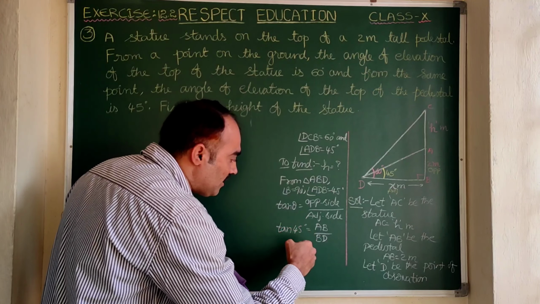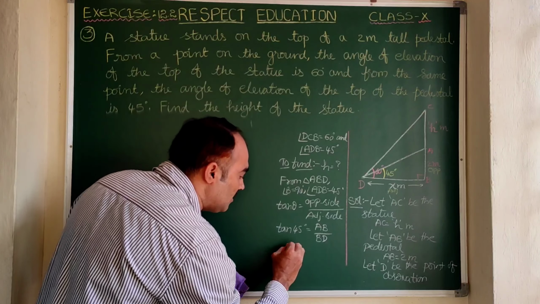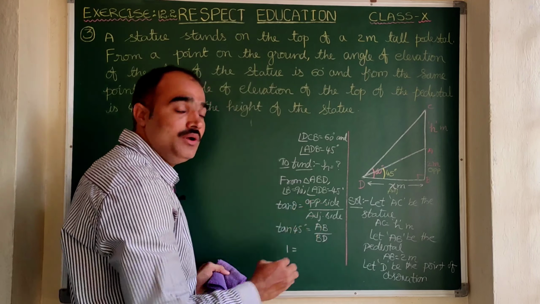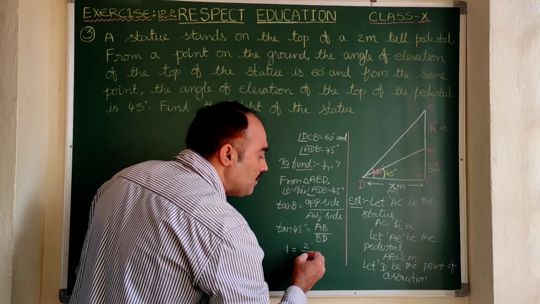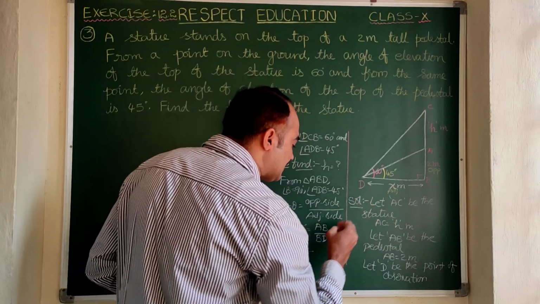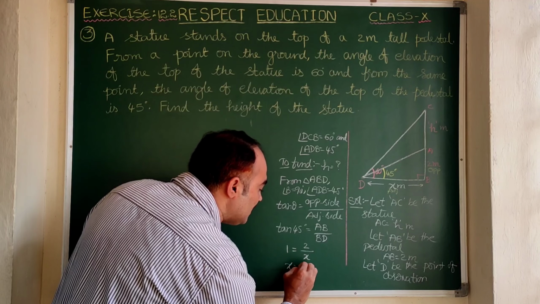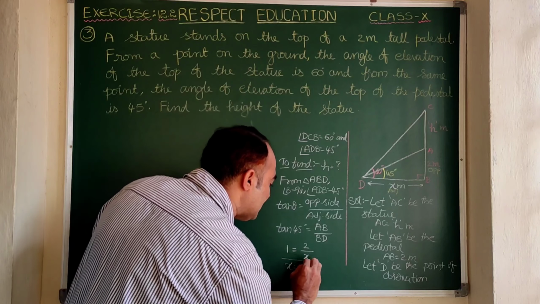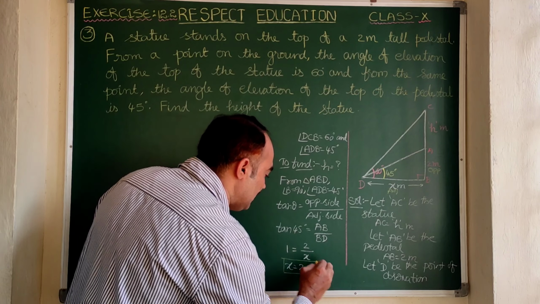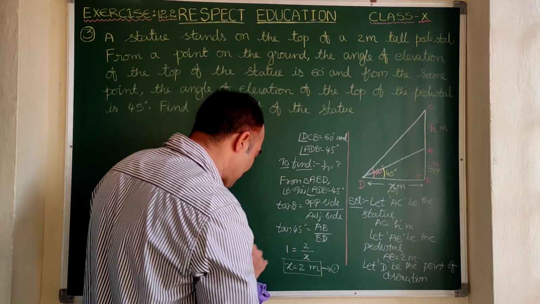Tan 45 degrees is a constant that we need to recall. The value of tan 45 is 1. So 1 is equal to, from the figure AB is 2 meters, so 2 by BD, we take it as x. On cross multiplication, x is equal to 2 meters. Let us keep it aside, which will be helpful for further simplification. Let us consider this as equation number 1.